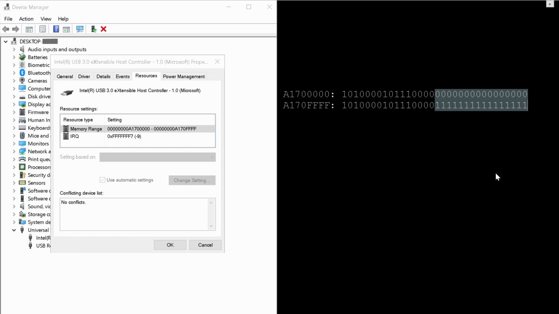Well, 16. So the space in the processor's memory map that this takes up is 2 to the 16th, which is 2 to the 6th times 2 to the 10th, or 64K. So this USB host controller has a memory range of 64K. Now, the bits above that define the chip select, or what activates this particular device.